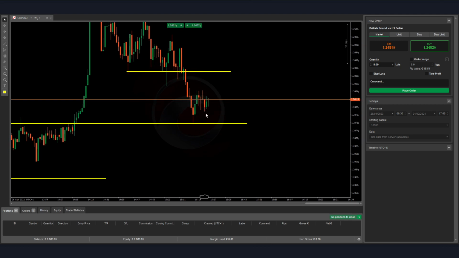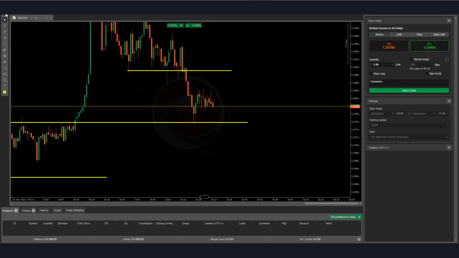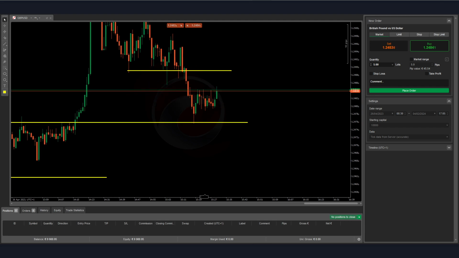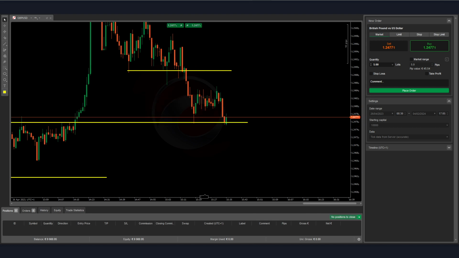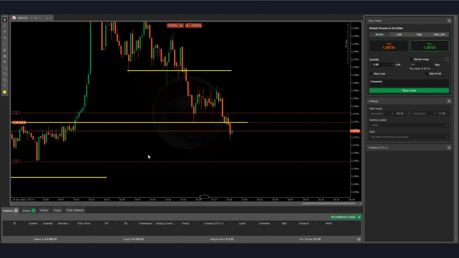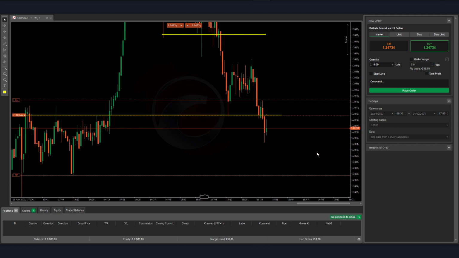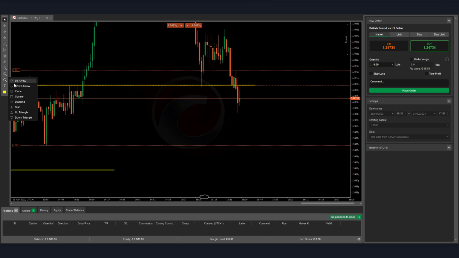Let's see if we're going to continue break below. That's why we might take some further sells. Okay. For example, here, if we want to take some very clutch sells.